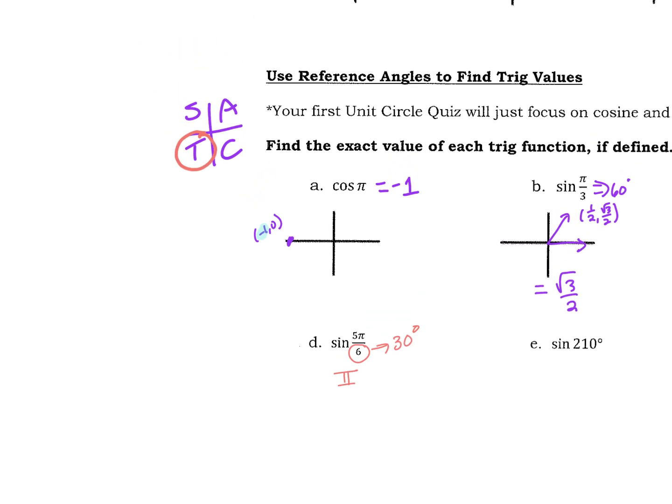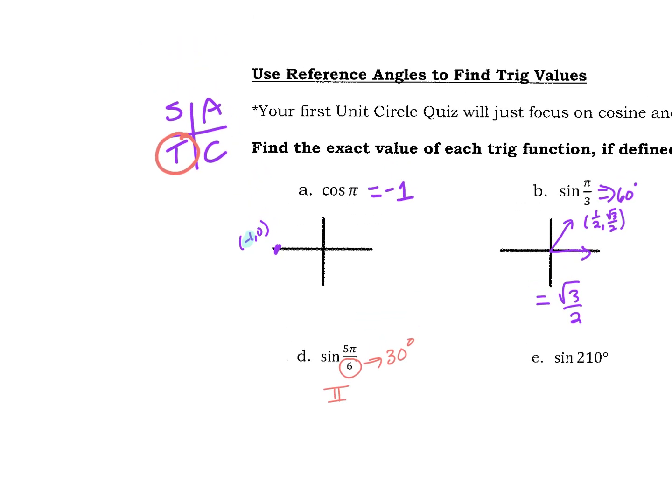Looking at my mnemonic device up over here, sine values in quadrant 2 are positive. So I know my answer needs to be positive. And if I look at my y value at 30 degrees, my y value is 1/2. So it's a positive 1/2.